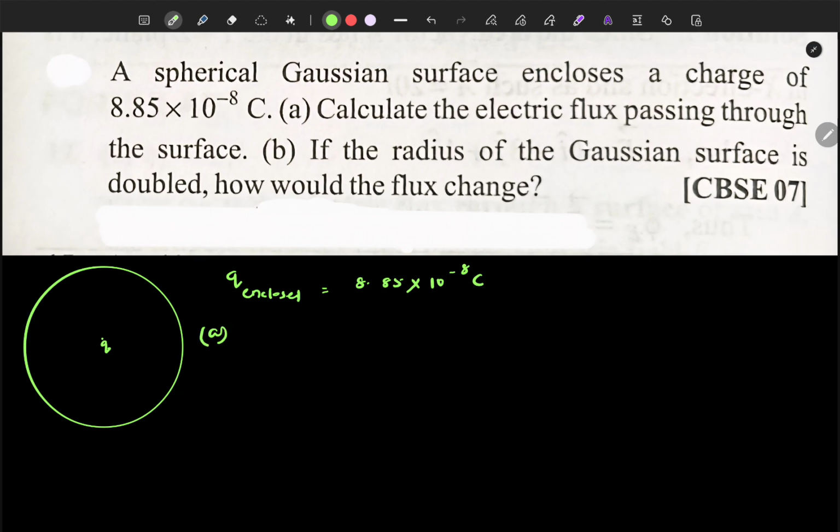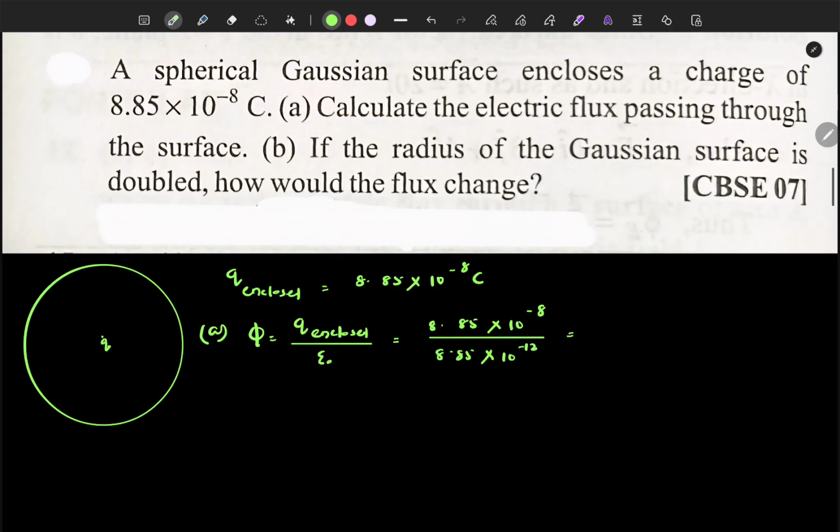In the first bit it is asking to calculate the electric flux passing through the surface. So flux equals Q enclosed divided by epsilon naught, which equals 8.85 into 10 to the power minus 8 divided by 8.85 into 10 to the power minus 12. No need to write the unit; at last you have to write the SI unit of electric flux.